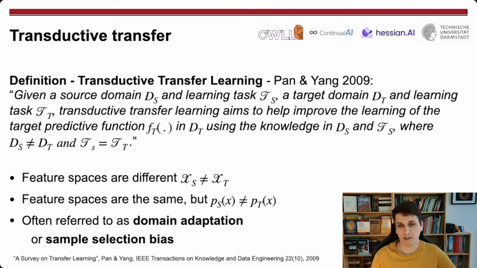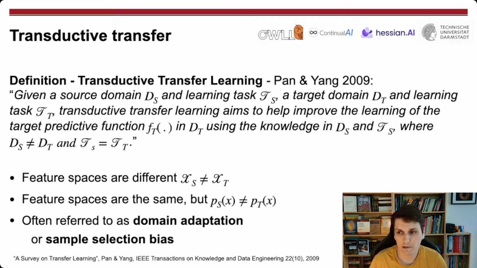And speaking of domain shift, one of the most popular concepts in transfer learning, to get just through the definitions before we encounter some practical examples, is the idea of a very specific form of transfer learning, which has initially been named transductive transfer learning, where the majority of the definition that we see on here is exactly the same as what we've just previously seen, so I'm not going to read it out again.